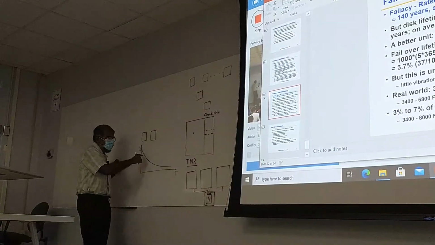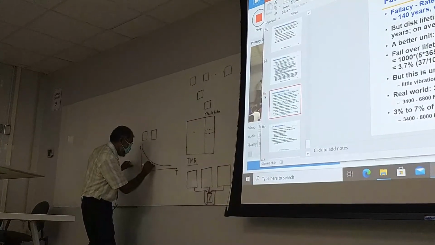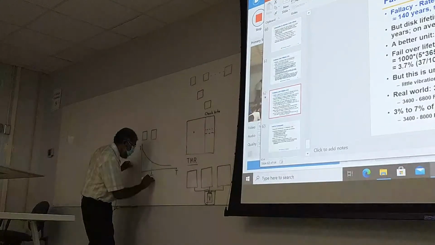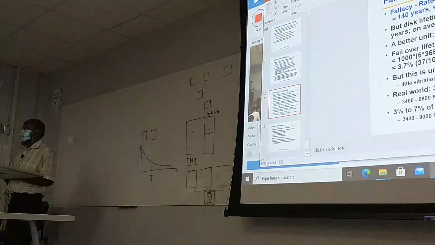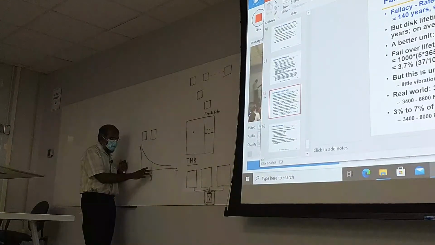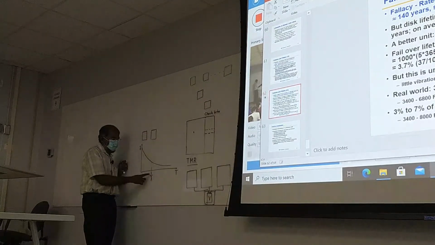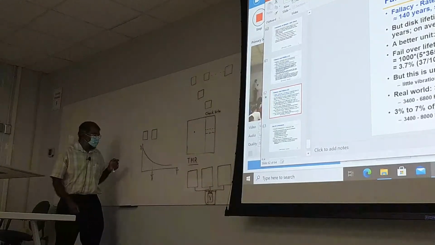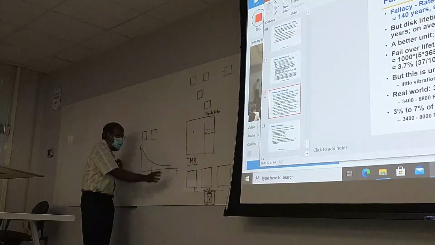Now, as for this model, let's say the mean would be somewhere here, 1 over lambda. So on the average, this thing will fail around that time. Now some of them will fail earlier, some of them will keep going like that.